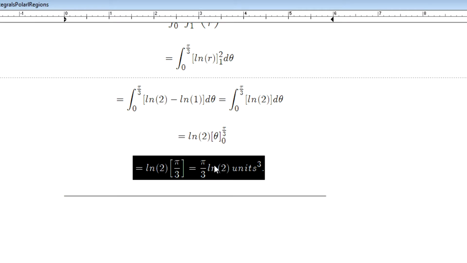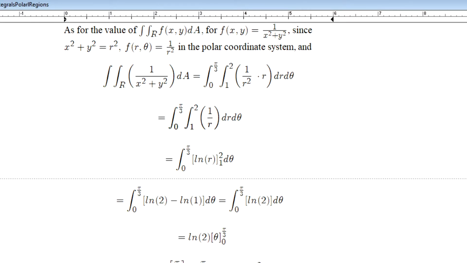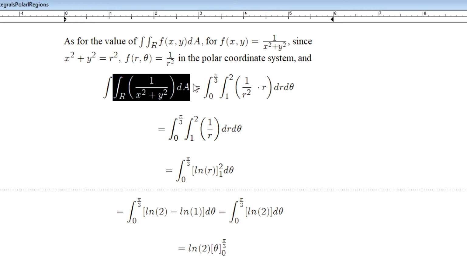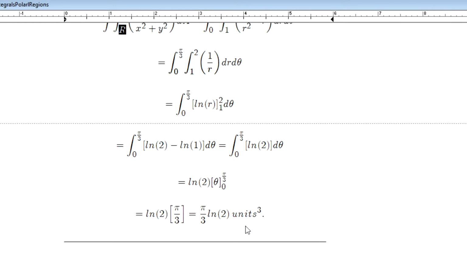Folks, the first example here, this double integral of this multivariable function f over this polar region R is again going to yield a net volume calculation. That net volume is given by the ln of 2 times pi over 3, or pi over 3 ln of 2, units cubed.